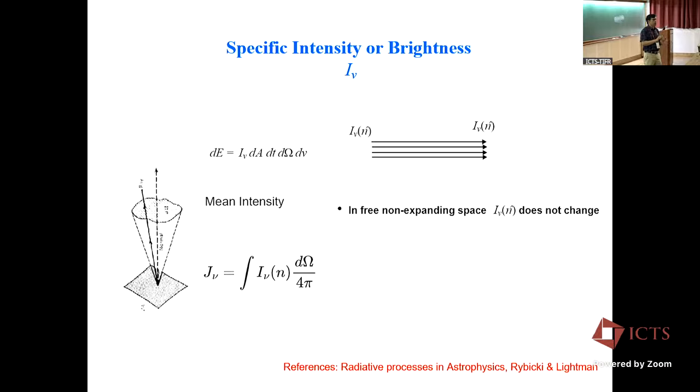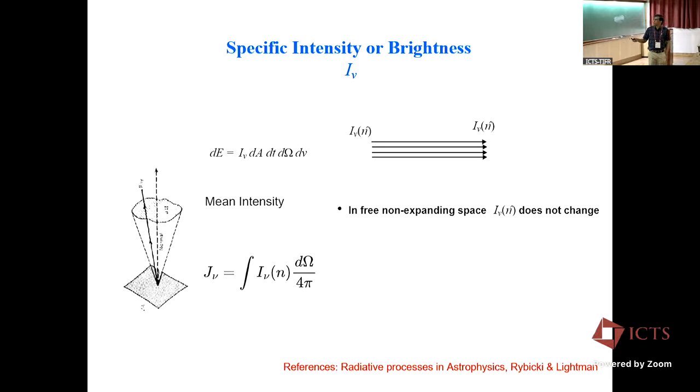Now, specific intensity can be direction dependent. It depends on the source population and source distribution. But if you want to measure the mean specific intensity, you have to take an average over all solid angle, all over the sky, and that is called J nu. So J nu is basically the spherically averaged specific intensity. The unique point about specific intensity is that in free and non-expanding space, it doesn't change.